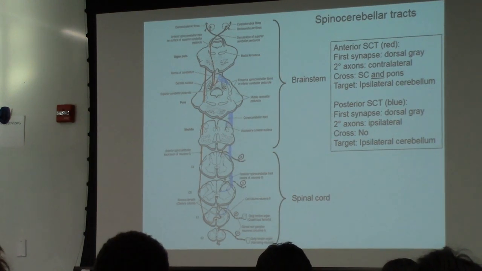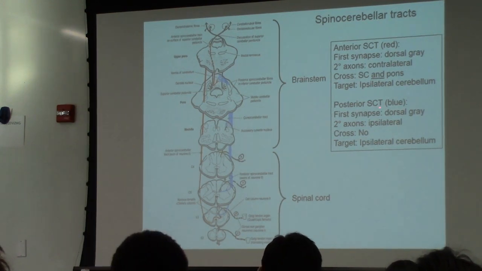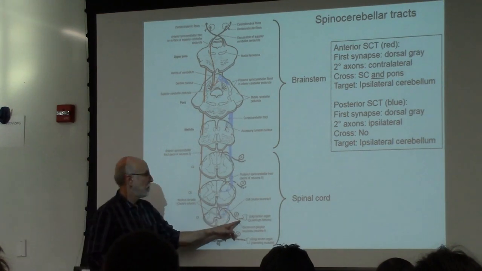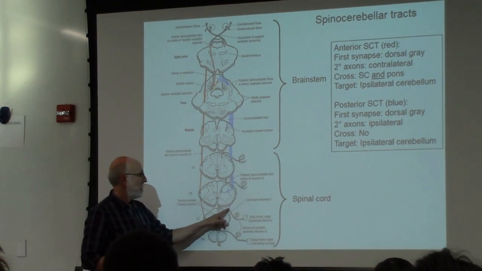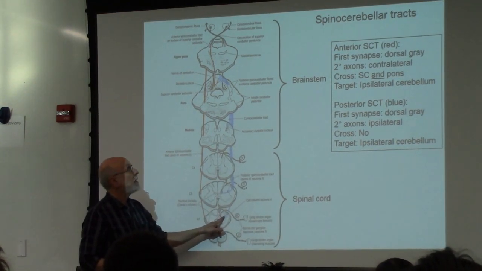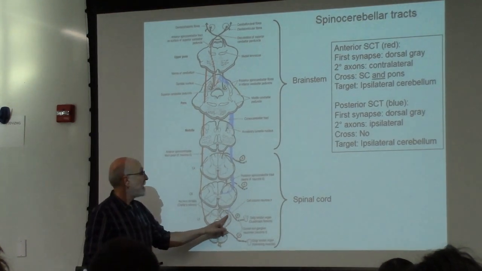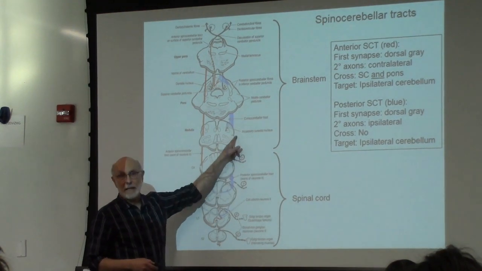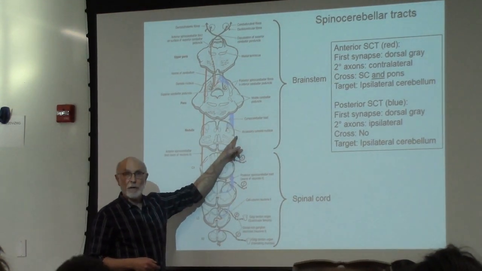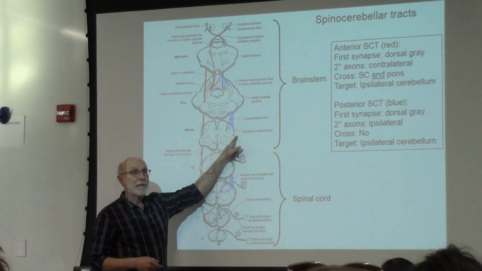The anterior spinocerebellar tract. The posterior spinocerebellar tract, again, axons, cell body, enters, and immediately it again forms a synapse. And then the secondary neurons go up the ipsilateral posterior spinocerebellar tract.